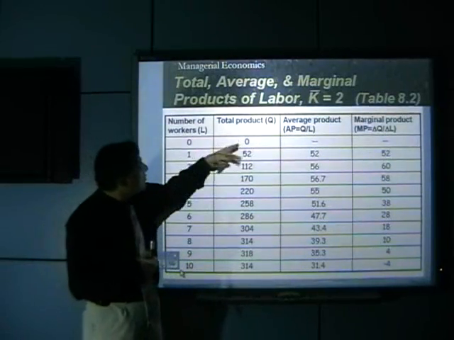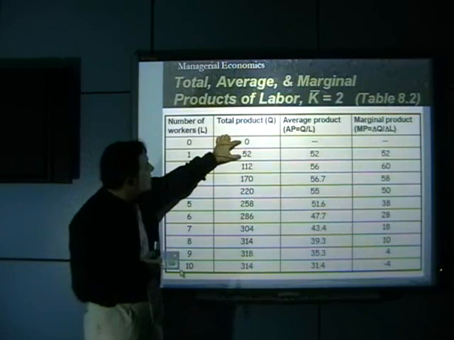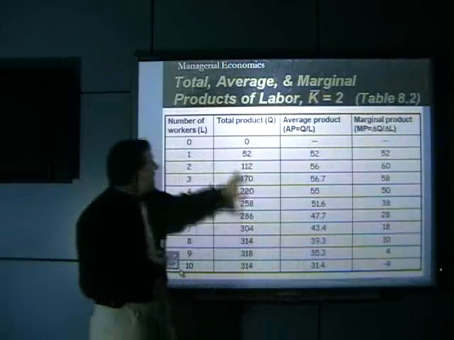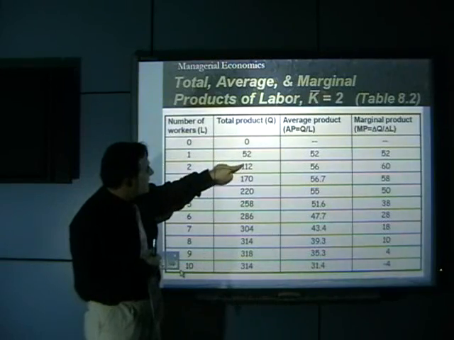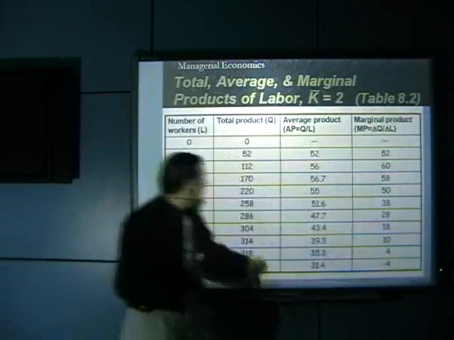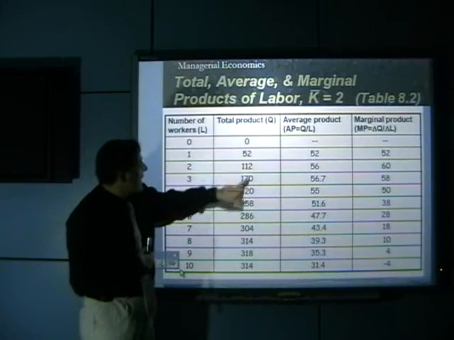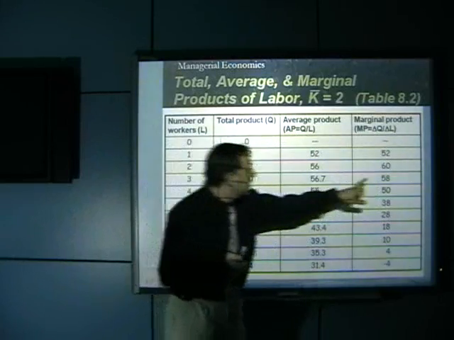You see the total product is 52 minus 0. The difference is 52, right there. Next one. 112 minus 52, the difference is 60, right there. Then from 170 minus 112, the difference is 58.